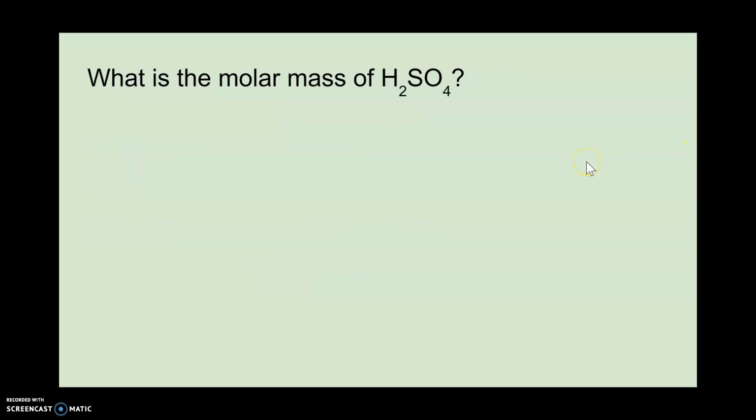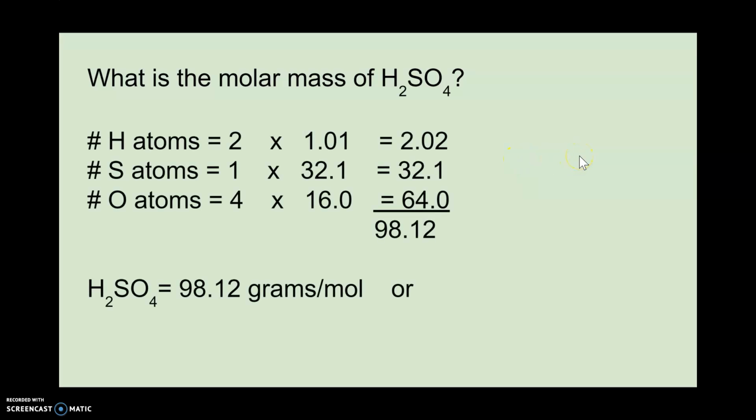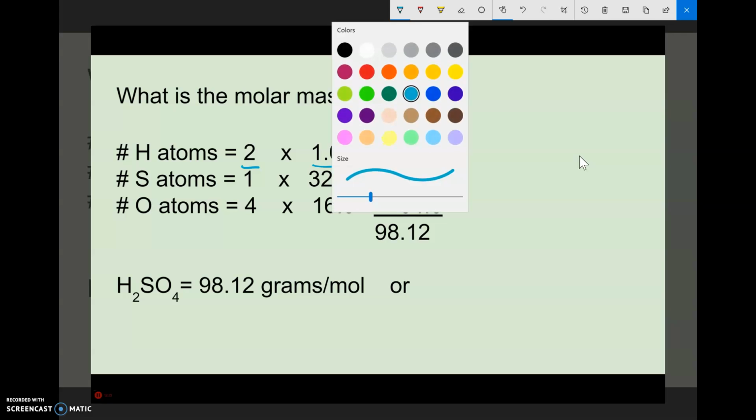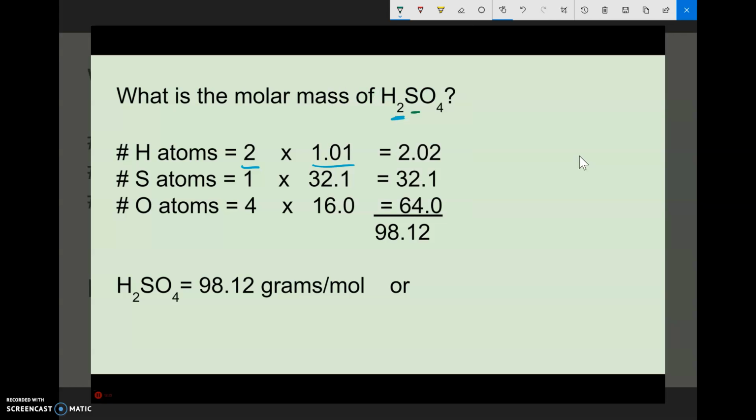Okay, let's do another one. Right now we're on number 6 on page 2. What is the molar mass of H2SO4? This is called sulfuric acid. So here we have this outlined. We've got 2 atoms of hydrogen. There they are right there, and we multiplied 2 by its mass. We have 1 atom of sulfur right there, and we multiply that by its mass, 32.1. You can do 32.08, or that one, that's fine.